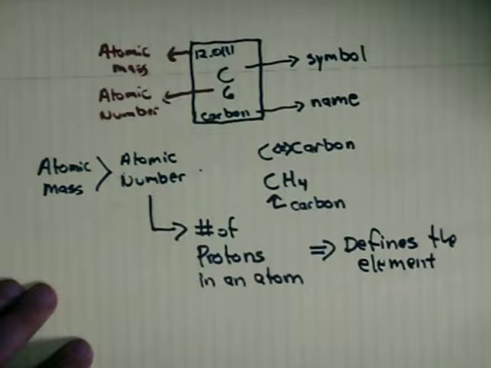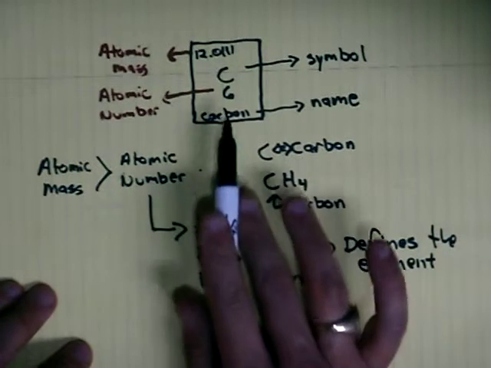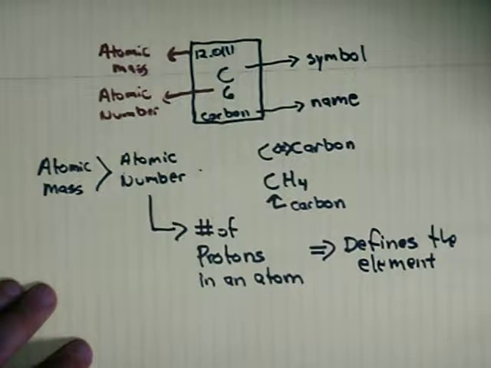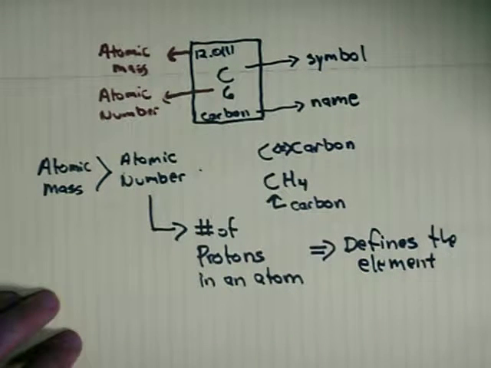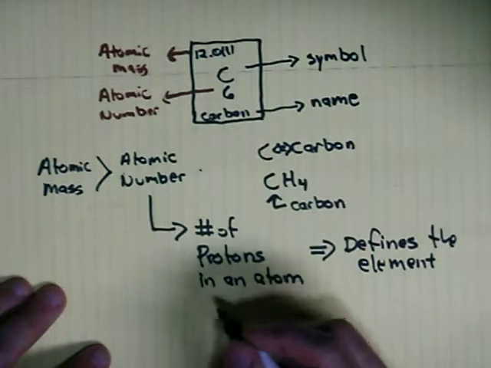So a carbon atom will always, always, always have 6 protons. If you could somehow go in there and yank out one of those protons, basically nuclear chemistry, you would suddenly have 5 protons. 5 protons would no longer be carbon. 5 protons would be boron.